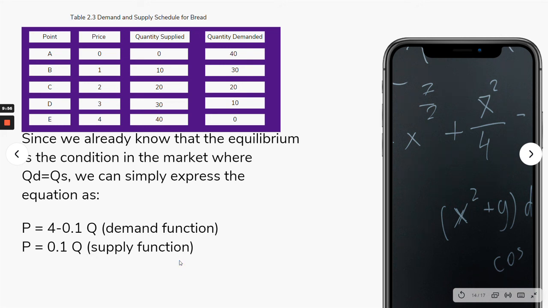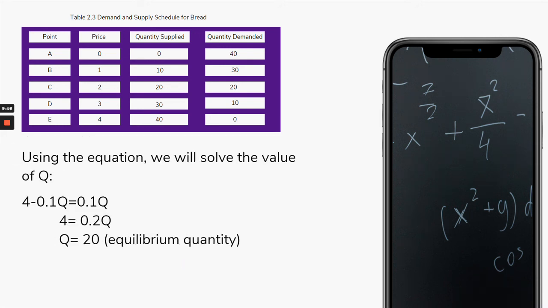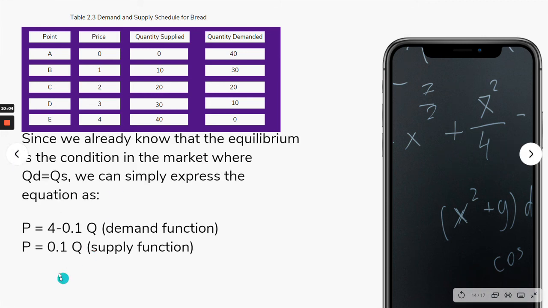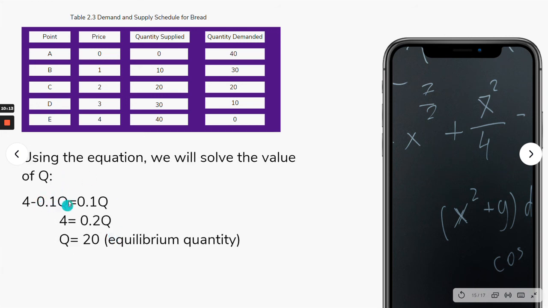So once we have that, using these equations, we will solve Q first. If you'll notice, there are two values that we have to find, the P and the Q. So let's solve the Q first.